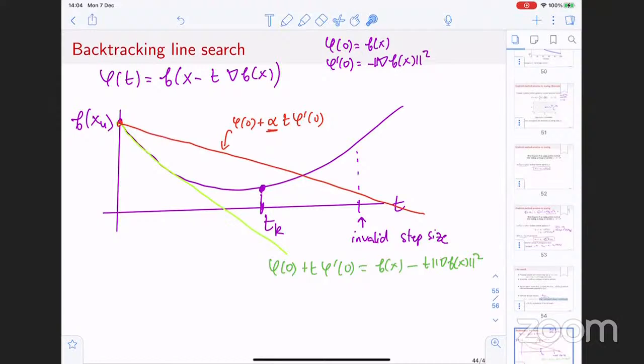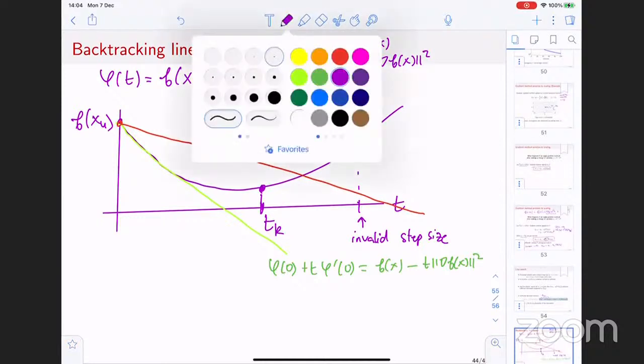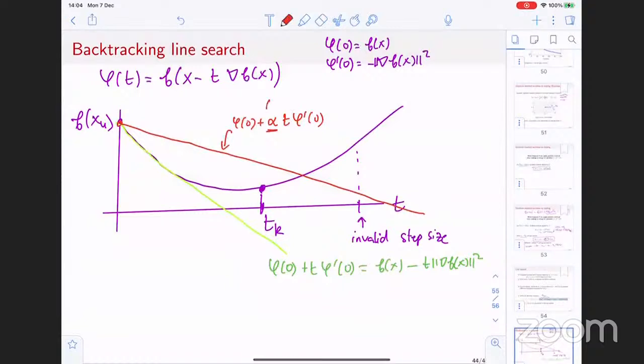And this red line is just obtained by taking the green line and tilting it a little bit by applying this alpha, which is between 0 and 1. I hope this is clear.